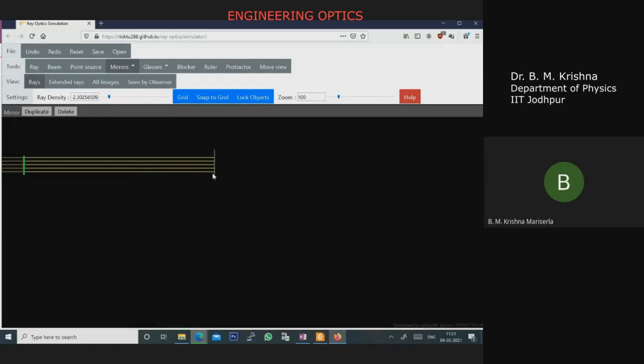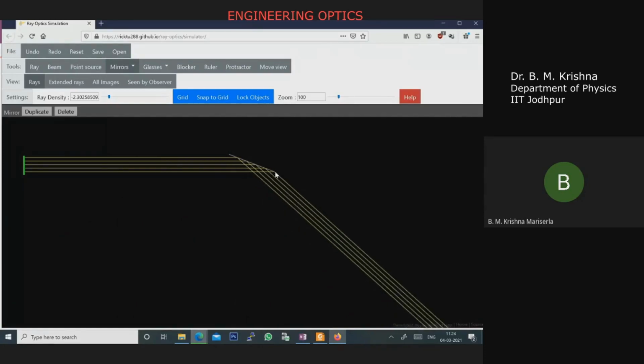Now what happens if I rotate the mirror? If I rotate the mirror at different angles, I can actually guide the light beam where to travel with a given angle of incidence. So you can adjust your mirror position.